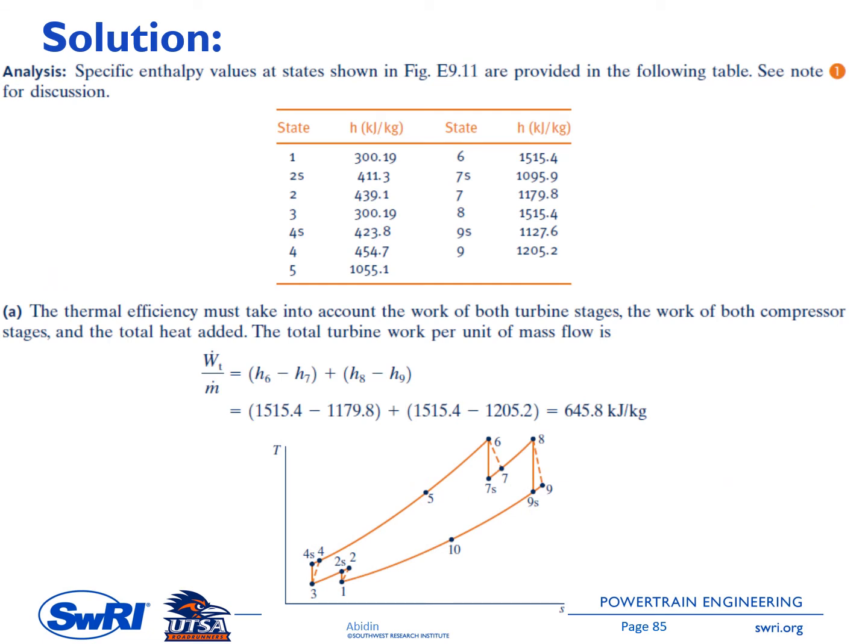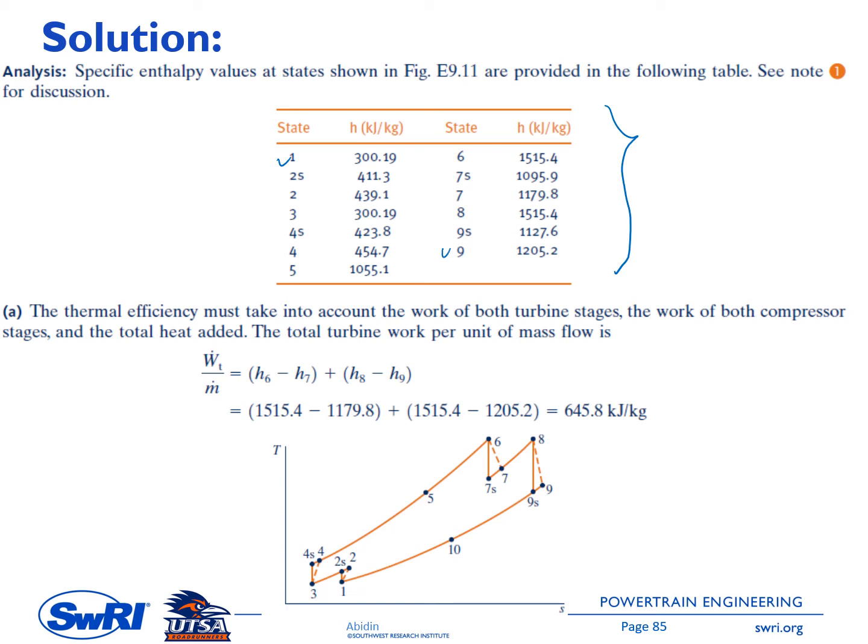The way we determine the properties at each state or operating point is pretty much the same as the one we saw in the previous example, so we don't need to repeat that process. Rather, you can see here a table showing the enthalpy at different states, from state number 1 up to state number 9.